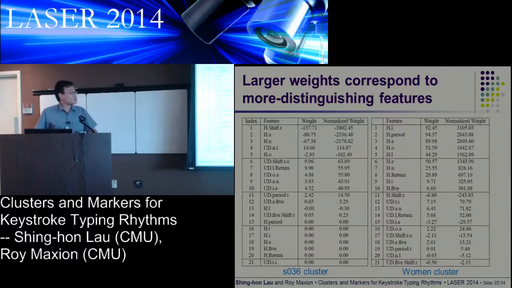But if you look at this table, you'd be hard-pressed to tell me what the marker is, what is it about the typing of either of these clusters that sets them apart from the remainder of the population. So the next step will be to distill these features into markers for each cluster.